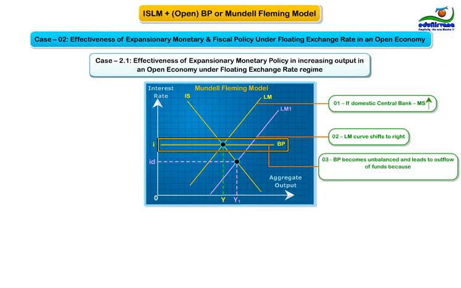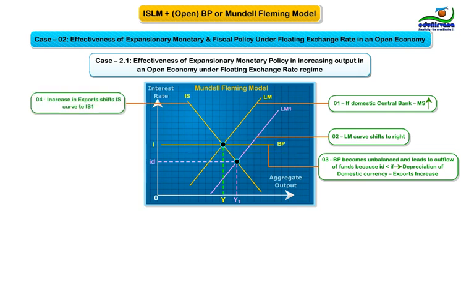Again, balance of payment becomes unbalanced and leads to flow of funds out of the economy, since domestic interest rate, that is, ID, is less than foreign interest rate, that is, ID is less than IF. The outflow of funds leads to depreciation of the domestic currency. This increases exports.